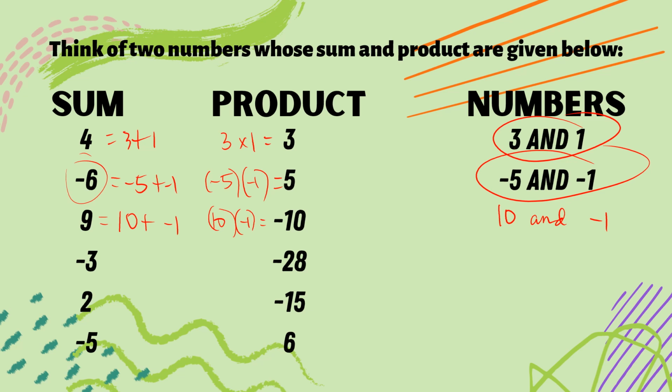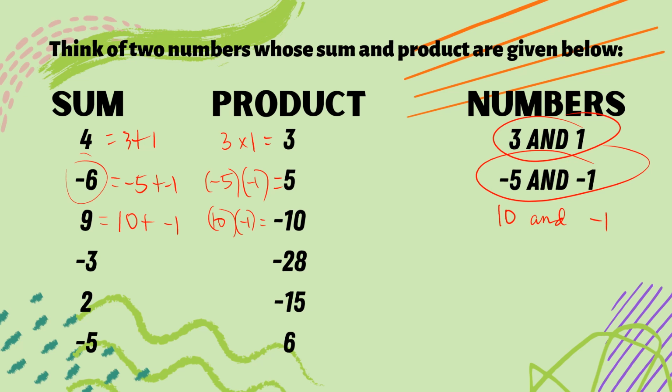Okay, next. The sum is negative 3 and the product is negative 28. So, negative na naman yung product. So, that indicates that the integers are isang positive at isang negative. Sige nga, ano ba mga factors ng 28? So pwedeng 2 times 14.